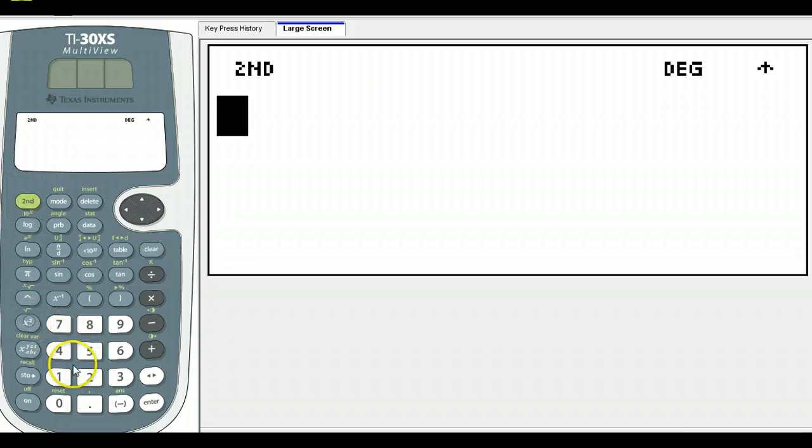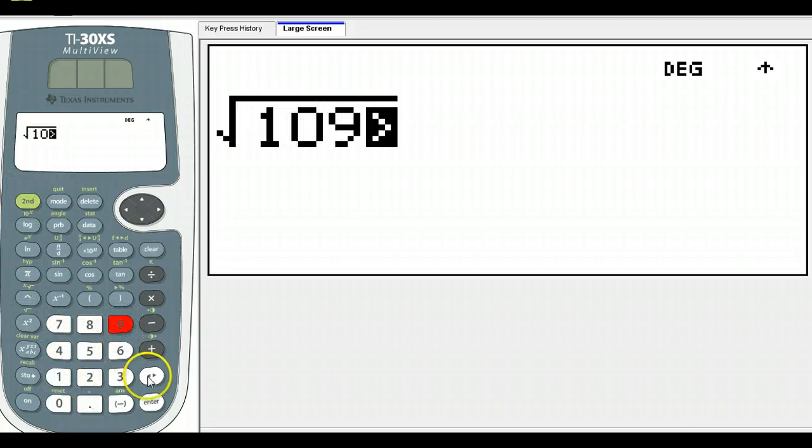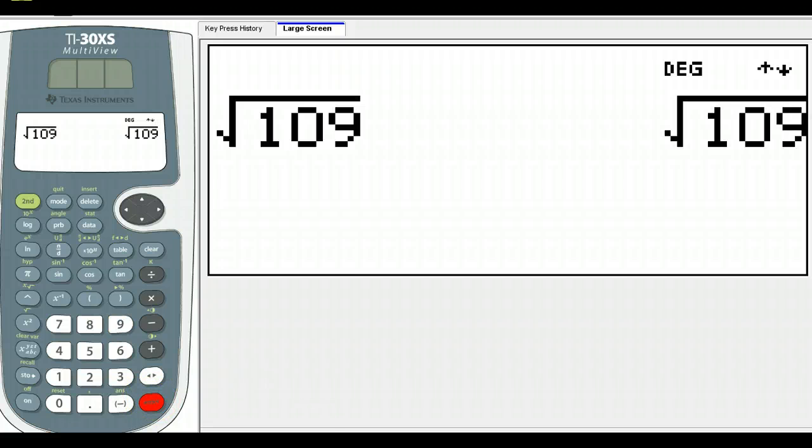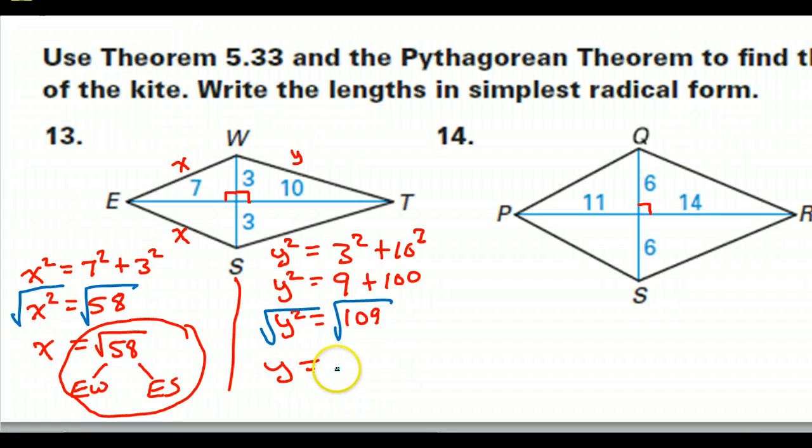Square root of 109. Nope, that does not simplify. So once again, we'll have this radical, square root of 109. That's going to equal WT, and that's also going to equal ST.